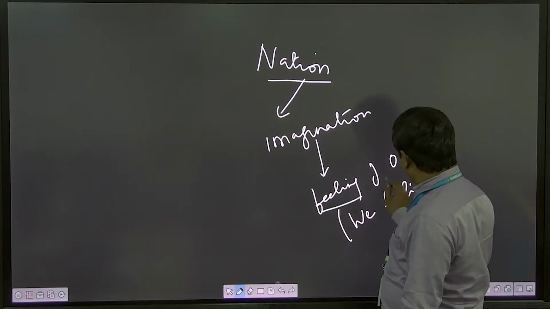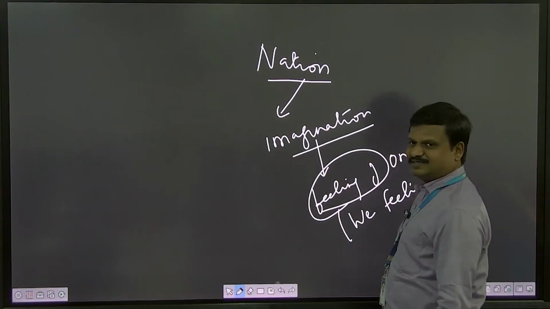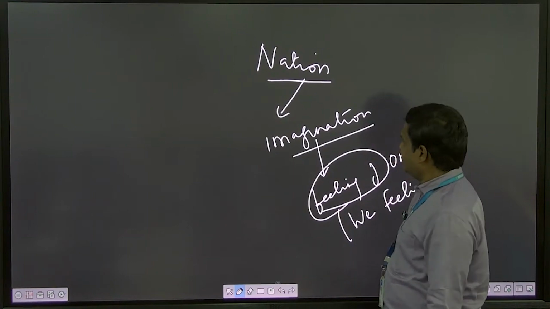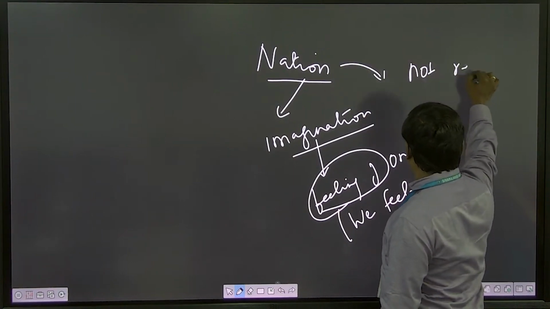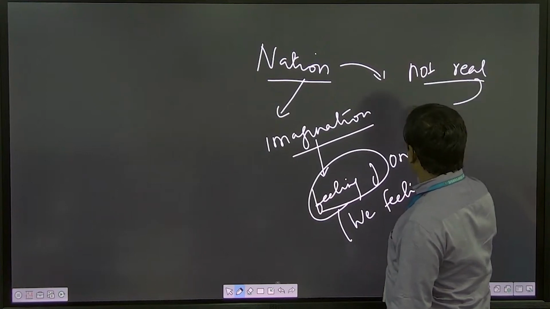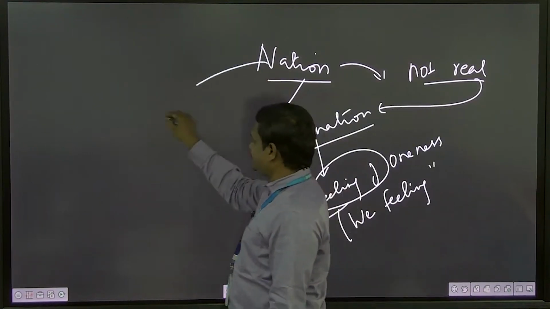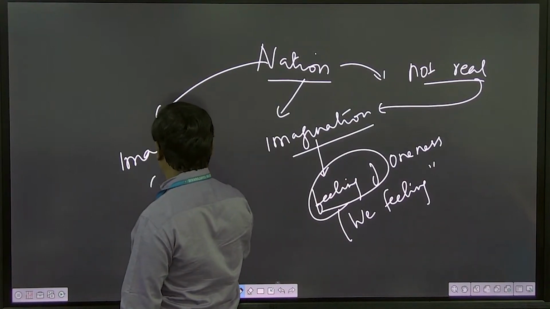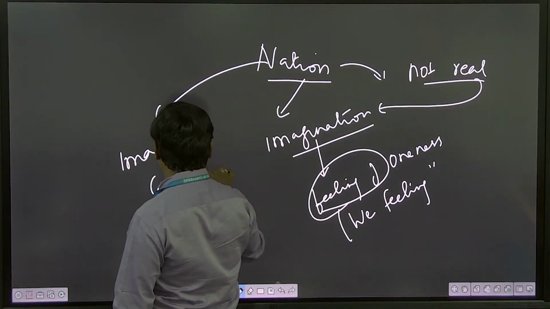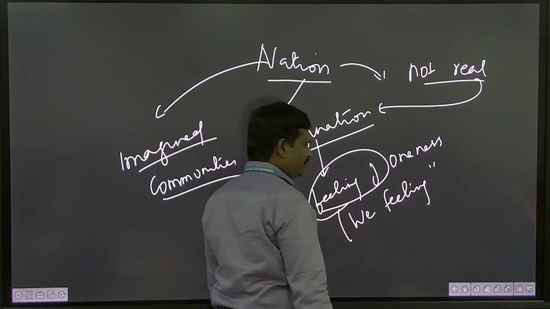So since it is a feeling, it is only imagination. It is an imagined feeling. So nation is not real. It is only an imagination. Therefore, it is often said that nation refers to imagined communities. Nation refers to imagined communities.